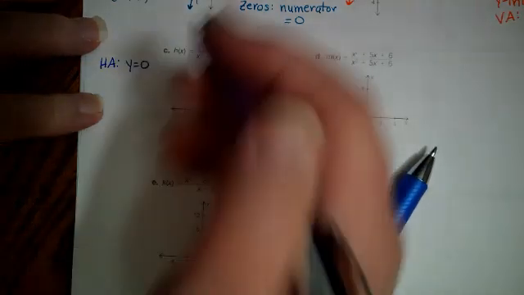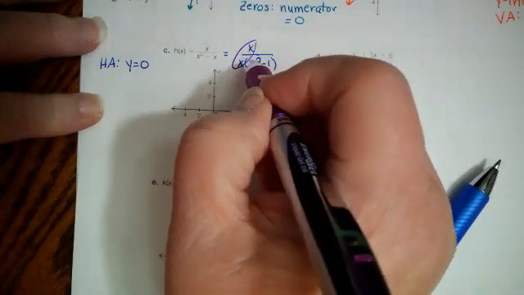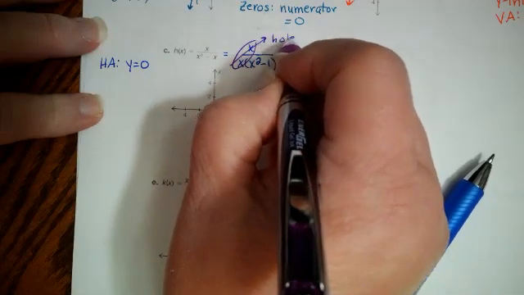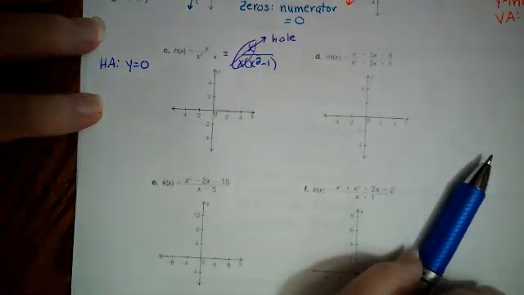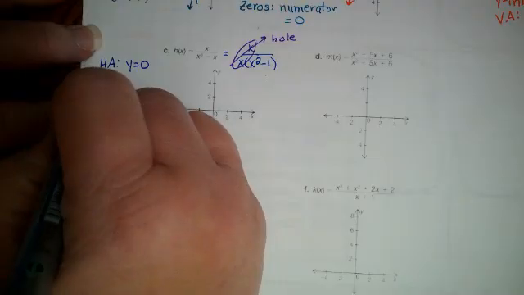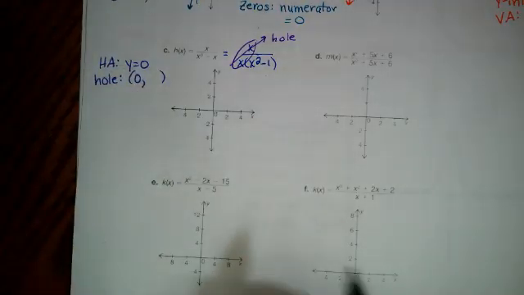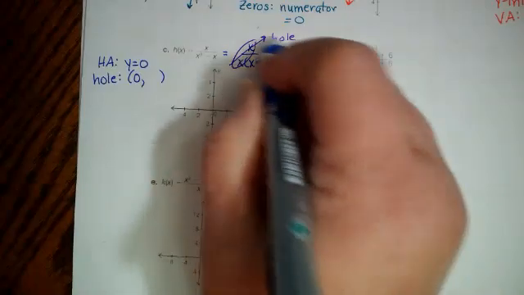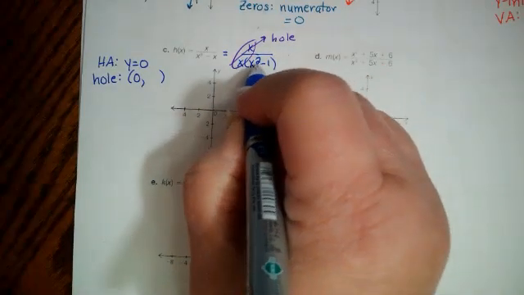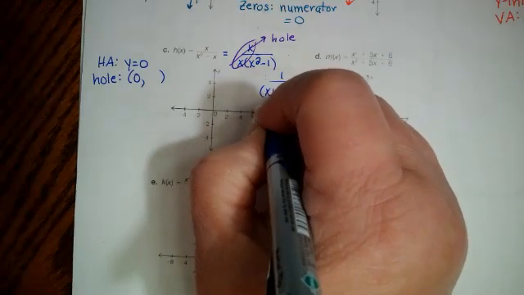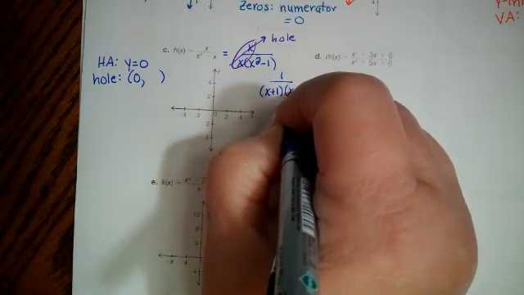Do you see the factor that's going to cancel out and leave us a hole at x equals 0? So we're going to put hole at 0 something. So my new function that I'm going to work with is 1 over x plus 1 times x minus 1, since x squared minus 1 is a difference of squares.